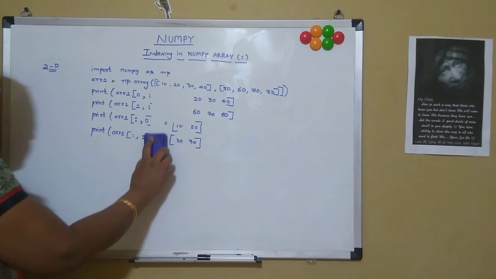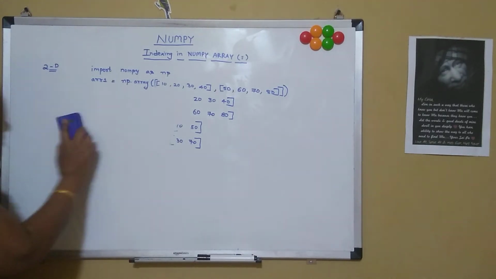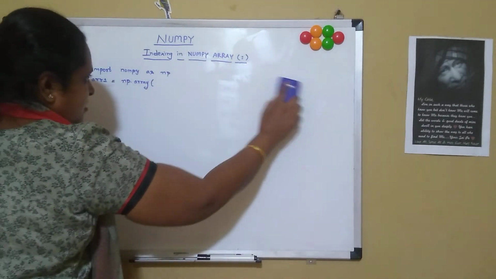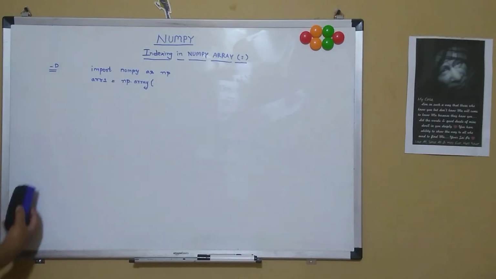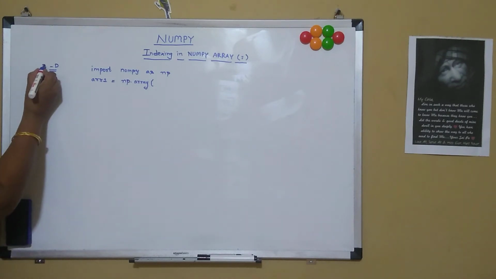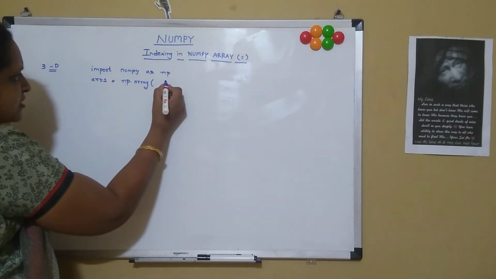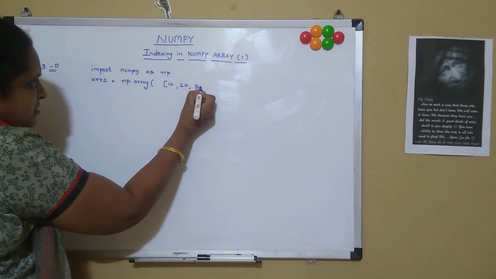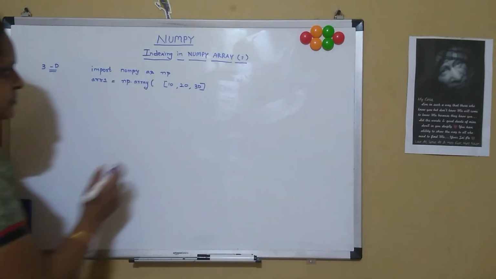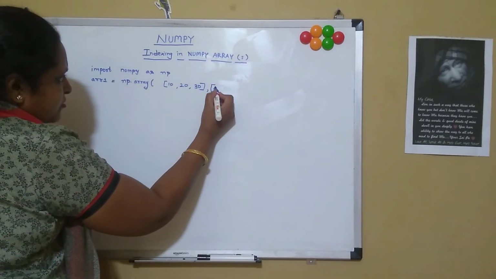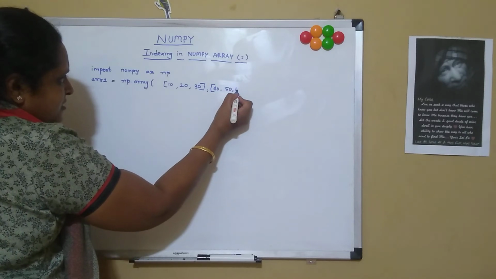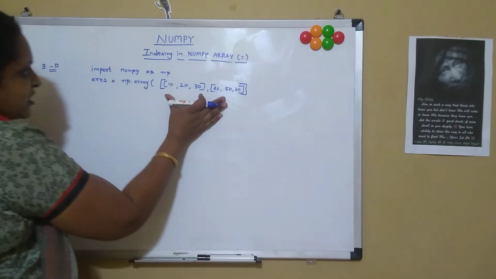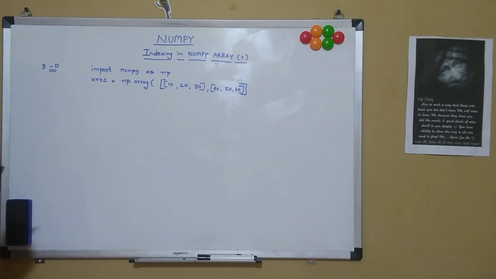Now let's see how we can access elements from a 3D array. So next, let's move on to the 3D array. For a 3D array, let me say 10, 20, 30. This is a one-dimensional array, 40, 50, 60. This is another one-dimensional array. These two together form one two-dimensional array.